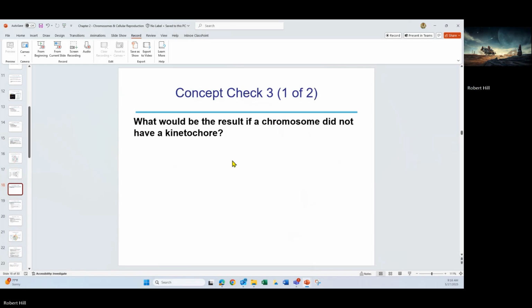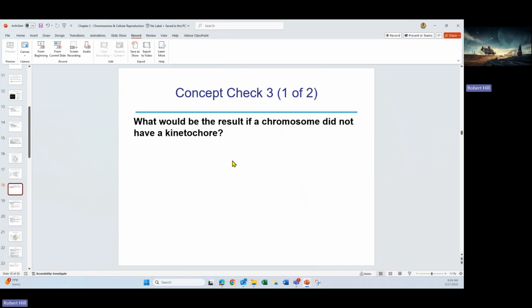All right, so knowing what you know about the kinetochore and what it does, what would happen if a chromosome didn't have one? We didn't talk much about what's going to happen during mitosis, but what do you think would happen if a chromosome lacked a kinetochore?